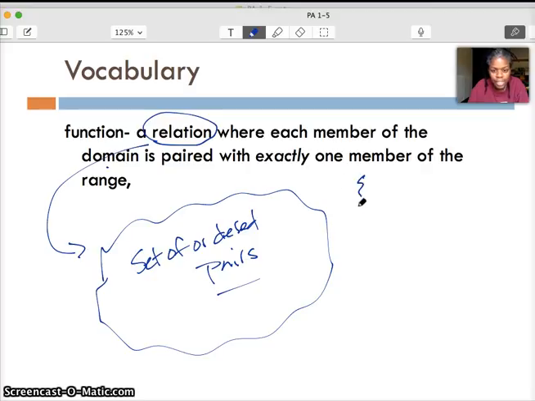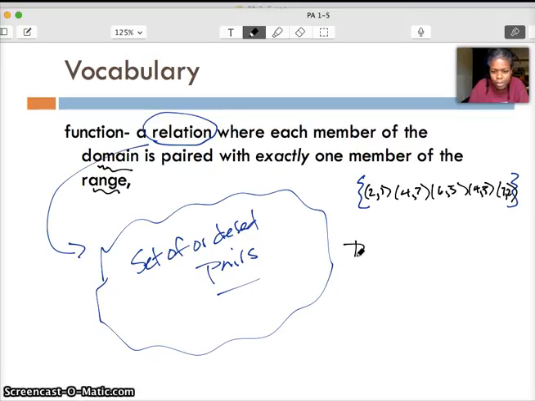So let's look at a relation. Here's a set of ordered pairs: (2, 1), (4, 7), (6, 5), (4, 3), (7, 2). Okay? So they're talking about the domain and the range. Each member of the domain is paired with exactly one member of the range.